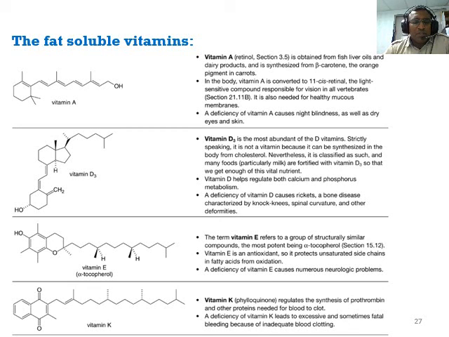Then you have vitamin E, also known as tocopherol or tocotrienol. This is found quite a lot in our palm oil, and it is able to serve as an antioxidant. You know, with antioxidant, you don't want oxidation of your protein, your carbohydrate. If it happens, then it could eventually even lead to cancer.